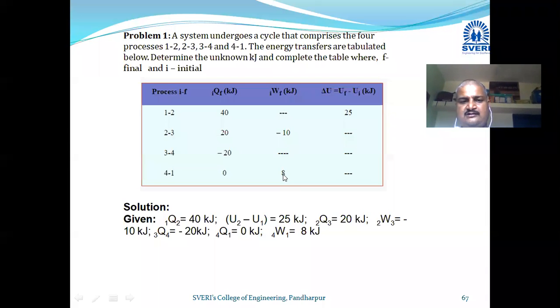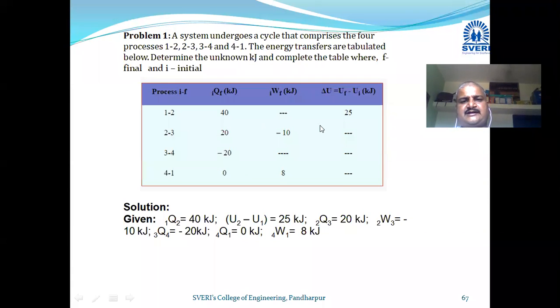Now first of all we have to concentrate that this is a cyclic process. For this cyclic process they have mentioned some other information, that the energy transfers are tabulated below.